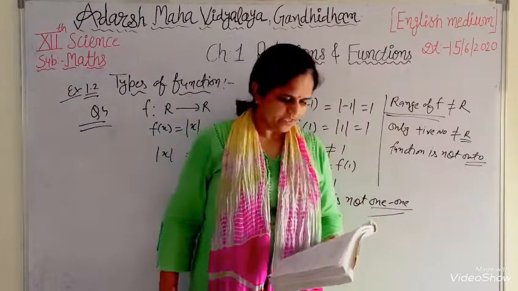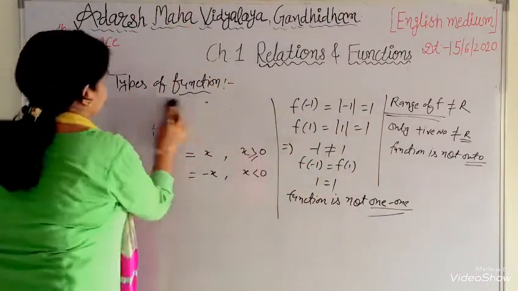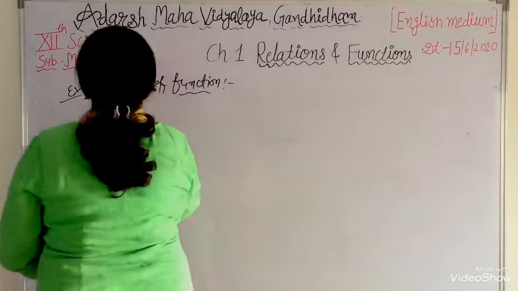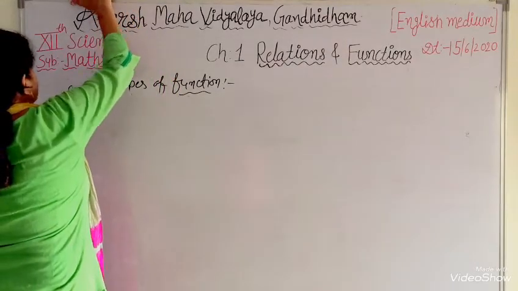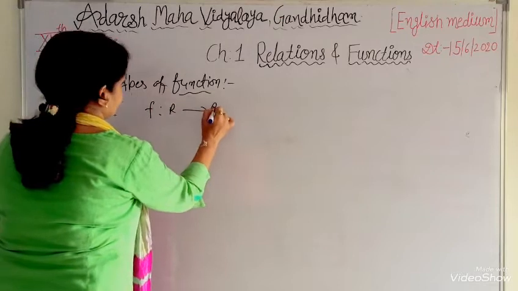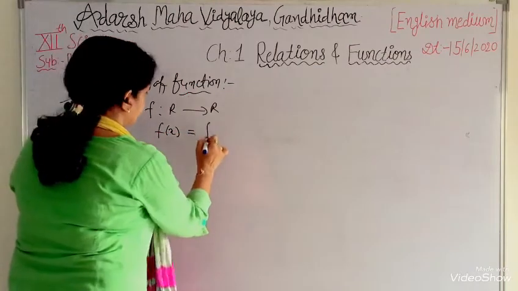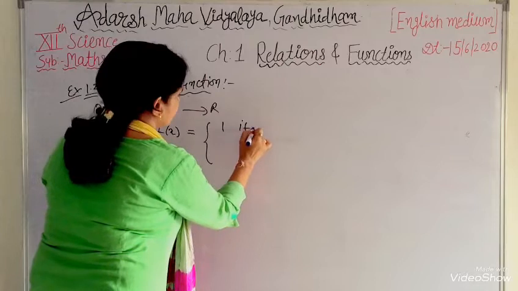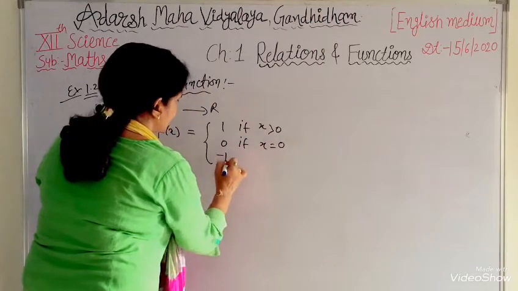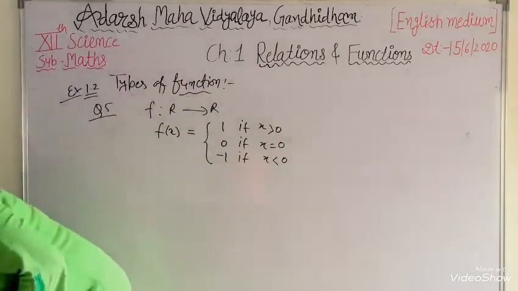Now next question, student. The question is, show that the signum function f from R to R, defined as f(x) equals 1 if x is greater than 0, 0 if x is equal to 0, and minus 1 if x is less than 0, is neither one-one nor onto.